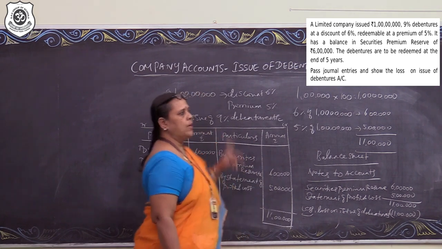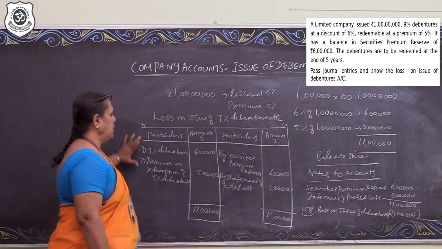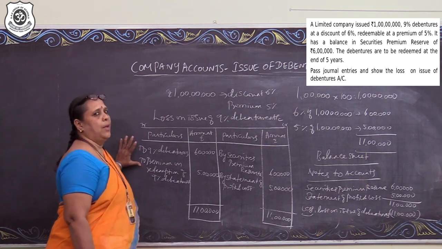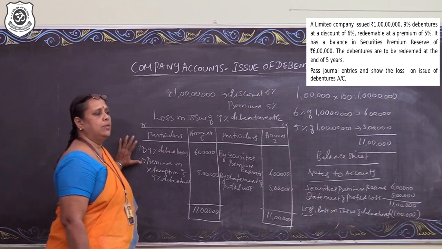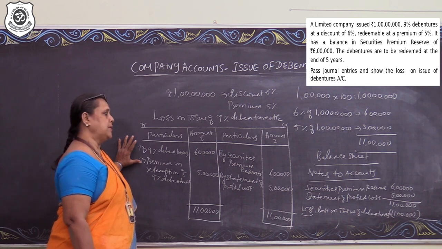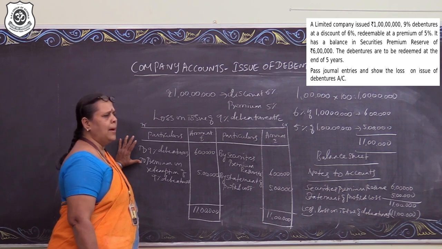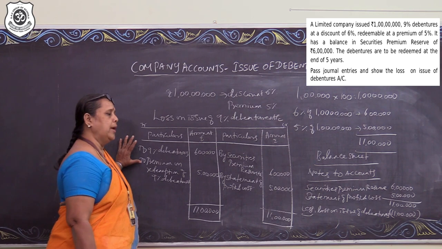So, what did we do? We prepared loss on issue of 9% debentures account. We ensured that we are posting 9% debentures with 6 lakhs and premium on redemption of debentures with 5 lakhs. So, total loss to be written off is 11 lakhs. The available balance in the securities premium reserve account is 6 lakhs rupees. Therefore, the balance will be adjusted against the balance available in statement of profit and loss.